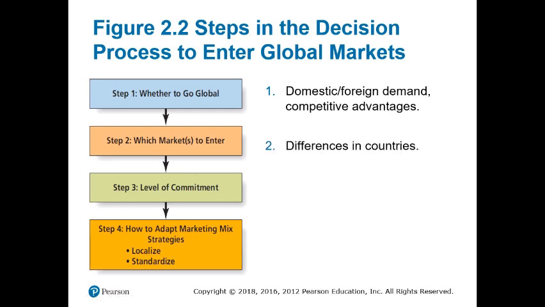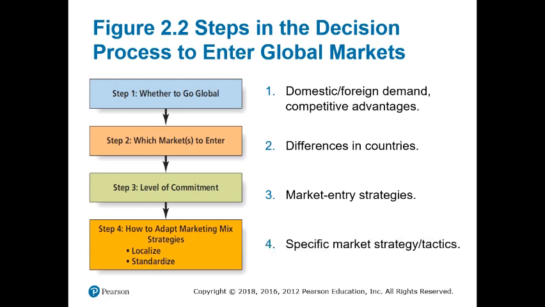What are the competitive advantages of the firm? Differences in the countries, the potential countries that you plan to go into. Then number three, determine the level of commitment you desire to make in terms of the market entry strategies available to the firm.